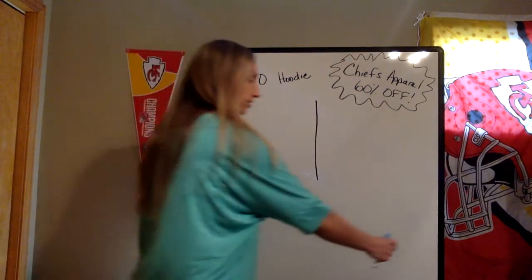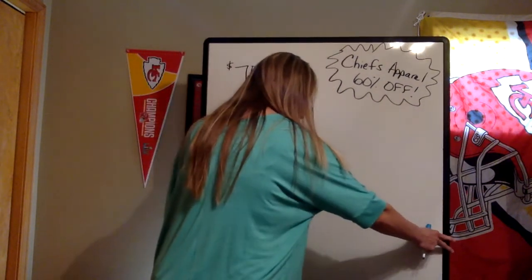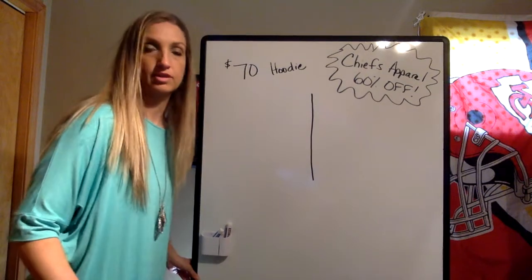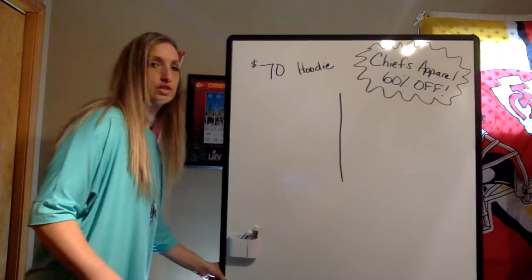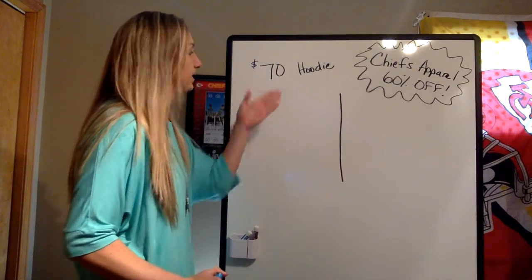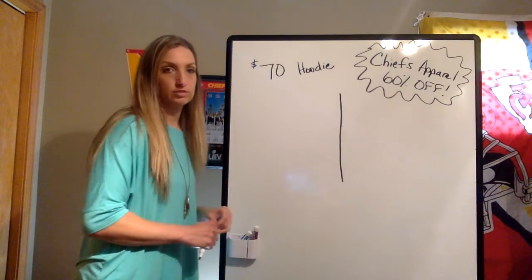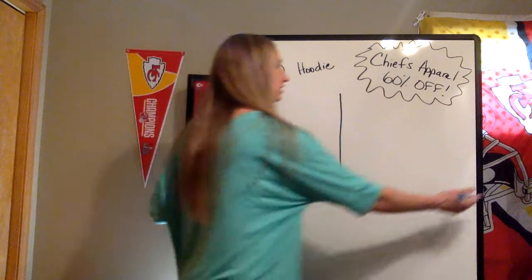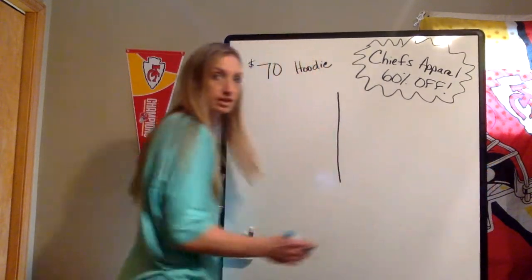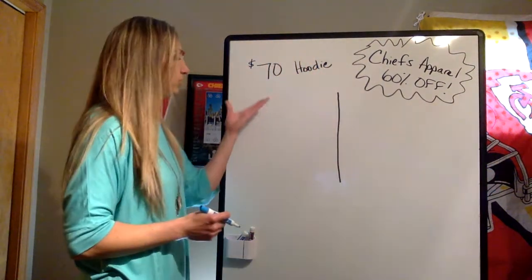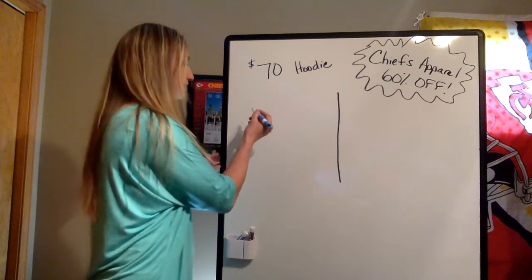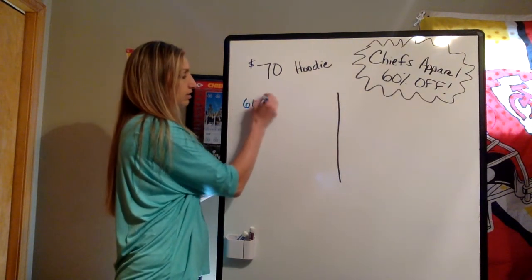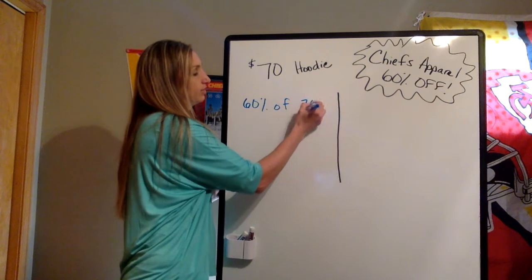At Dick's right now, I know the cheap stuff is going on sale so they can get rid of all of their stuff. Let's say you had your eye on this hoodie that was originally $70, and right now Chiefs apparel is 60% off. The way we did it yesterday, we would find 60% of $70.